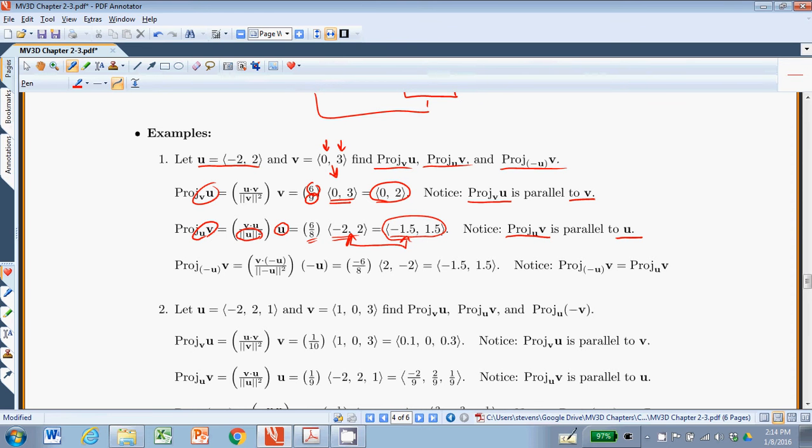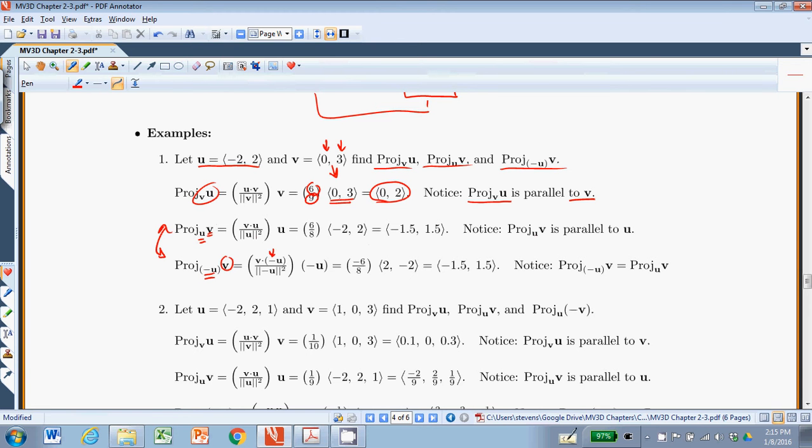That's what we mean by a projection. And then this last one is just meant to demonstrate a property of projections. Specifically, if I take the projection of v onto negative u instead of the projection of v onto u, what you'll notice is that they're the same. So I'm going to erase all this so that doesn't get in the way. These two things look very much alike, except that here I have a negative u.